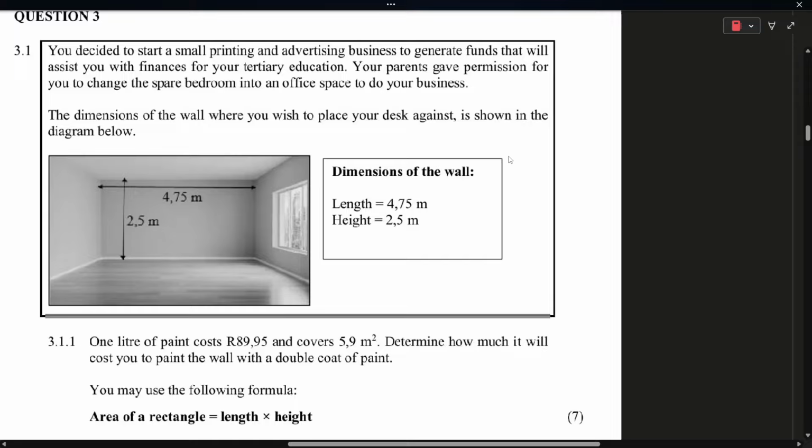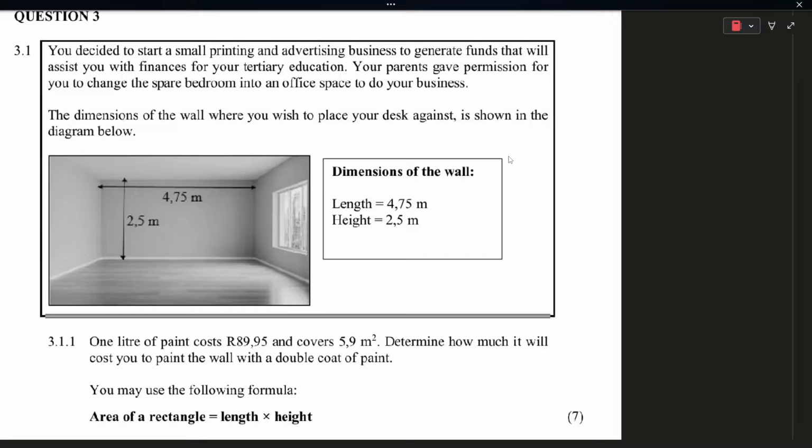Okay, you decided to start a small printing and advertising business to generate funds that will assist you with the finances for your tertiary education. Your parents give permission for you to change the spare bedroom into an office space to do your business. The dimensions of the wall where you wish to place your desk against is shown in the diagram below. Those are the dimensions of the wall.